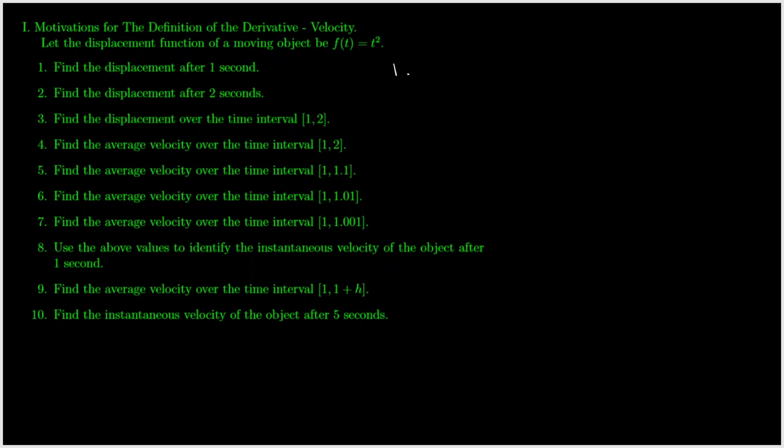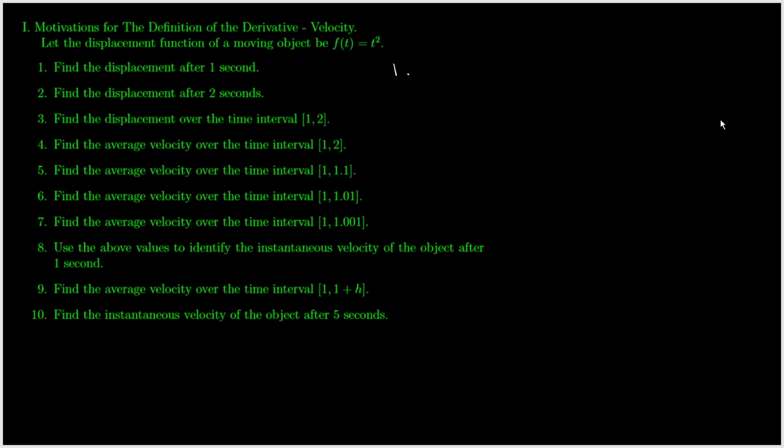This formula shows you how the object travels, how the distance changes. For instance, after 1 second, you replace t value with 1, and then you have the distance traveled.